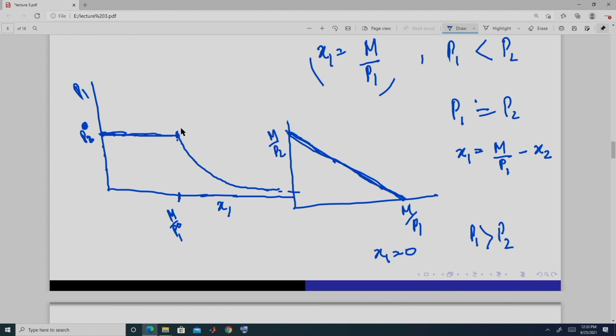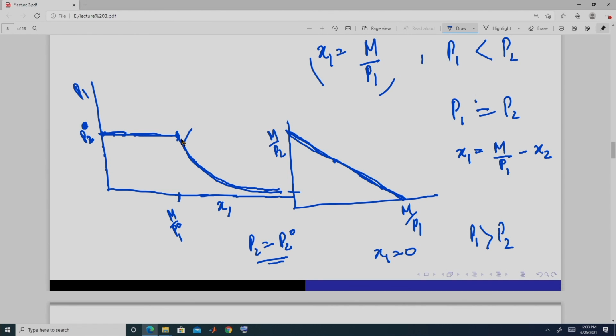So this is the demand curve when we have perfect substitutes of good 1, keeping the price of good 2 fixed at P2 naught, and we get a demand curve of this nature.